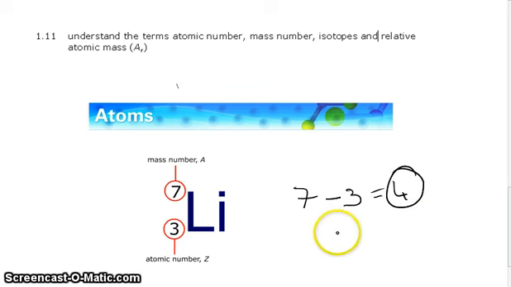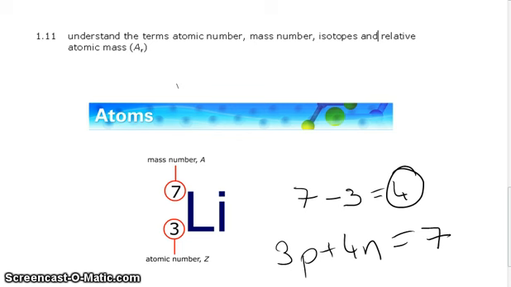So if we look at this again, 3 protons plus 4 neutrons equals a total mass of 7. So that's a total mass of 7. So 3 is the number of protons, and since this is a neutral atom, the number of protons and the number of electrons are equal.